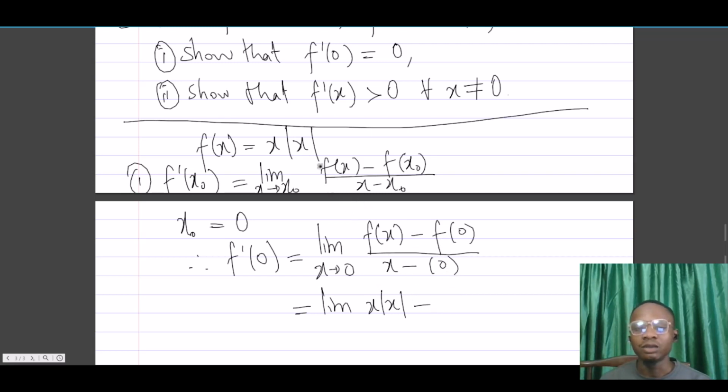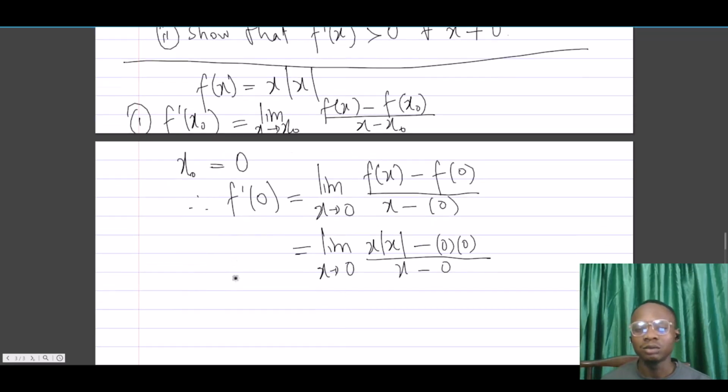We know that when x is equal to 0, this is going to be 0, and the modulus of x, that is the modulus of 0, is still 0. Then divided by x minus 0 as x approaches 0. So basically, this is the limit of x multiplied by the modulus of x, divided by x, because this is 0, so ignore that.